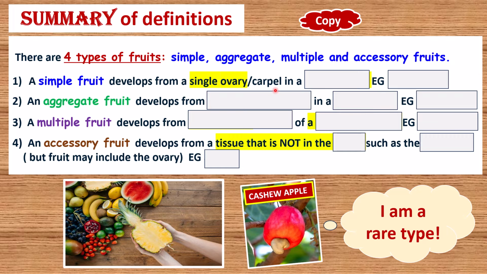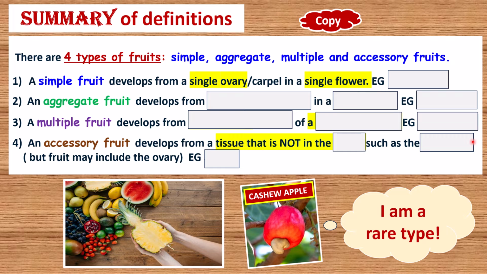Now the textbook uses the word carpel, but ovary is the preferred word among the reliable sources. So what is the other structure that we must mention in our definition? The flower, right? So it's in a single flower. Single ovary, single flower.